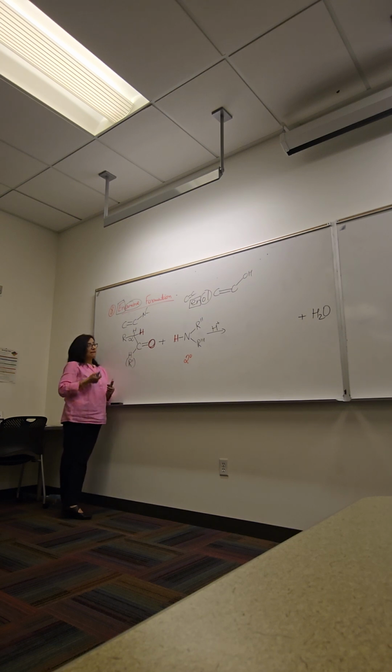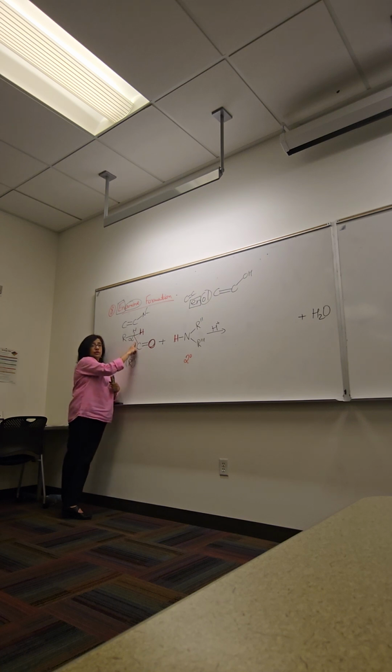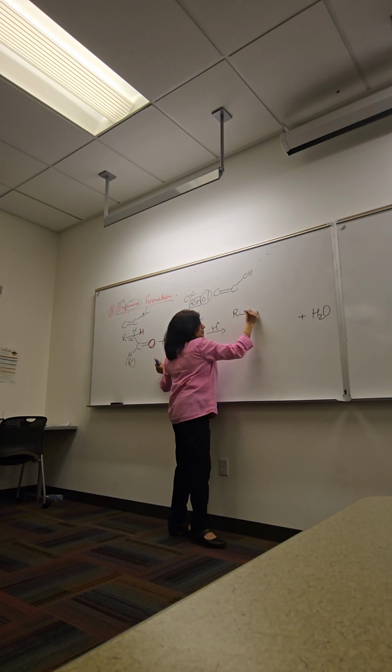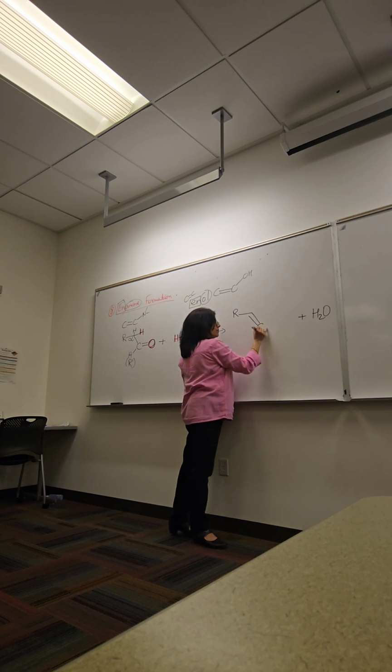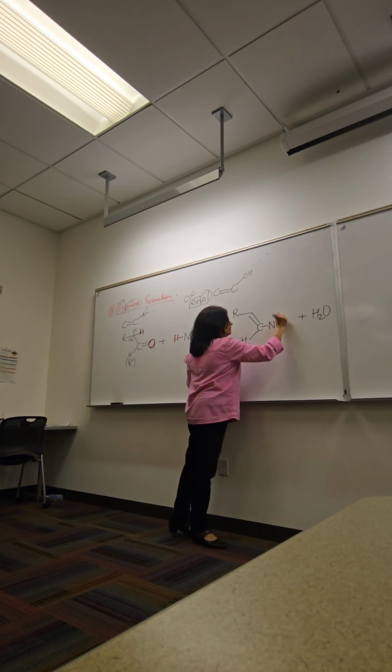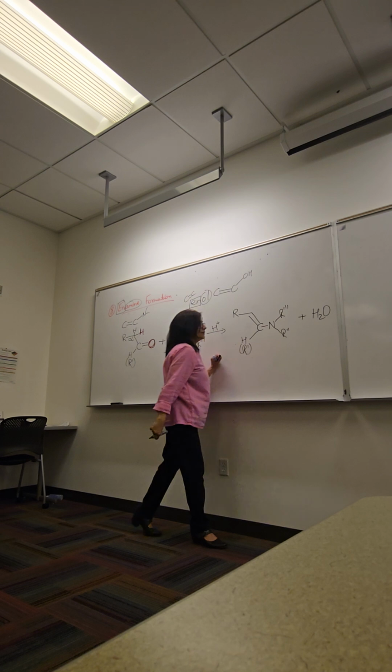Guesses? The bond between C and the H being removed will become a double bond. Okay, so this becomes a double bond. And then the carbon will be single bonded to the nitrogen. Exactly, and whatever is on the nitrogen already.